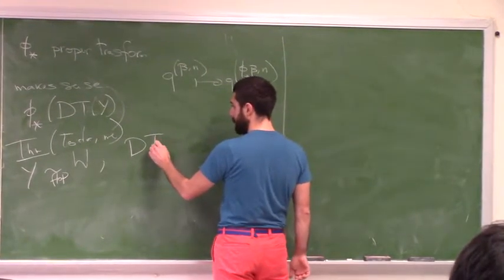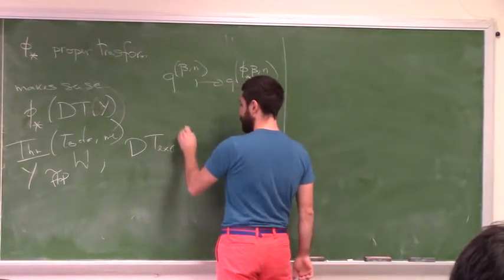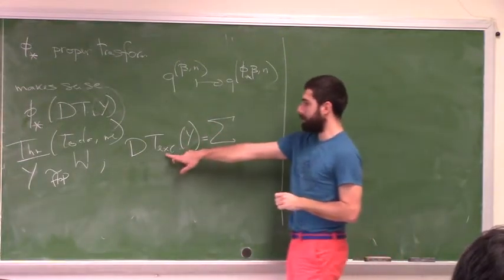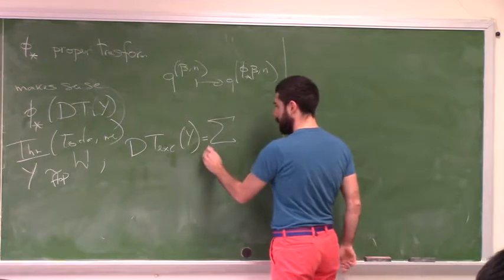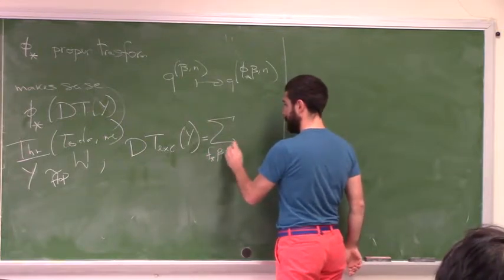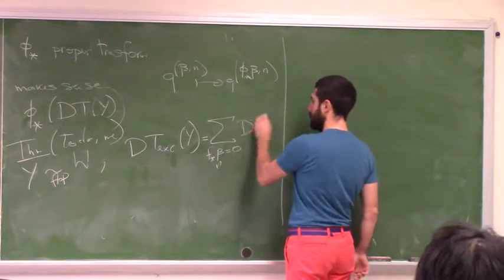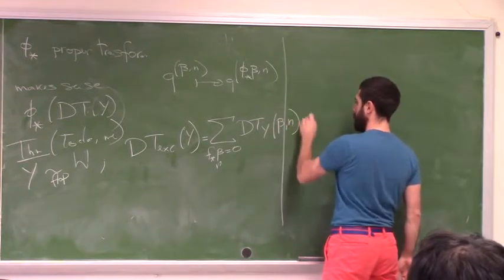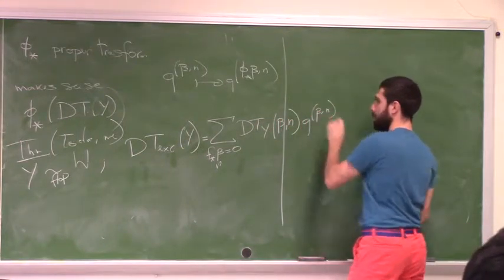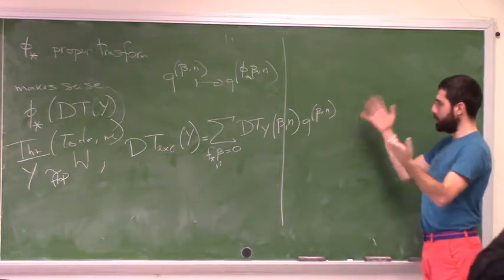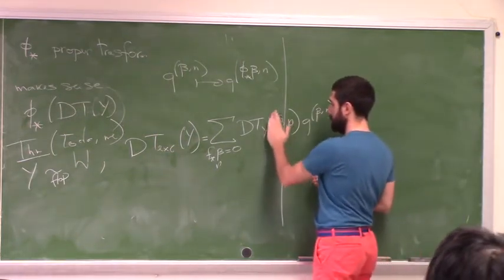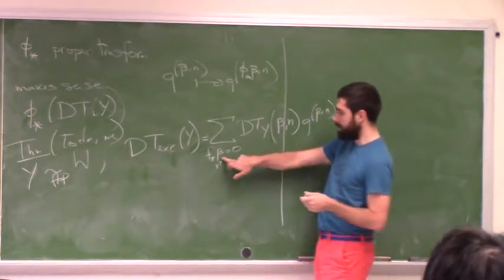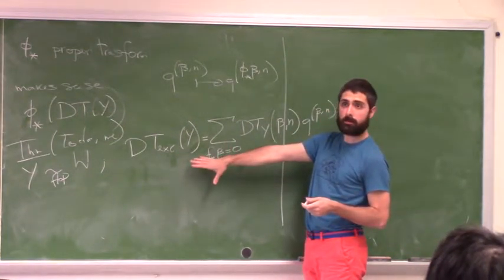Let me define DT exceptional of Y to be the same thing. I'll just take the formal series of all DT invariants, but I'm only considering the classes which are contracted by f.